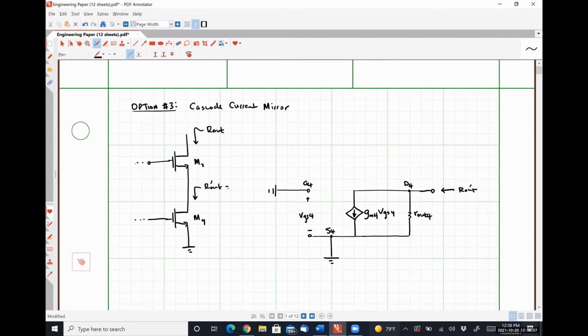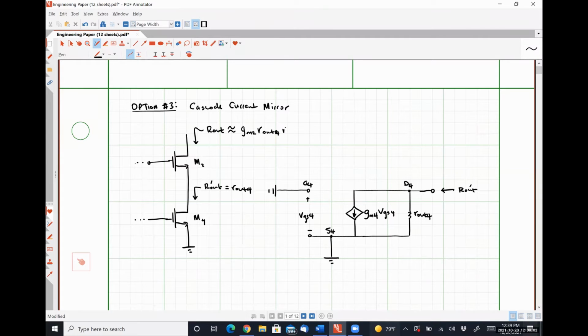So this R out prime is simply R out 4, which means that the output resistance of this stack or cascoding of transistors is gm2 R out 2 R out 4.